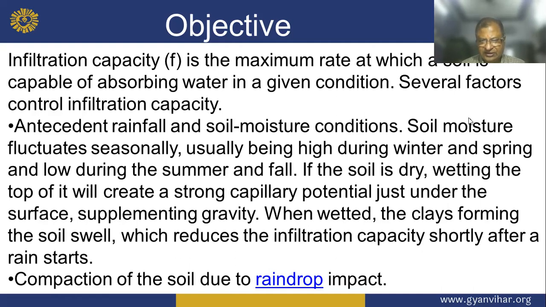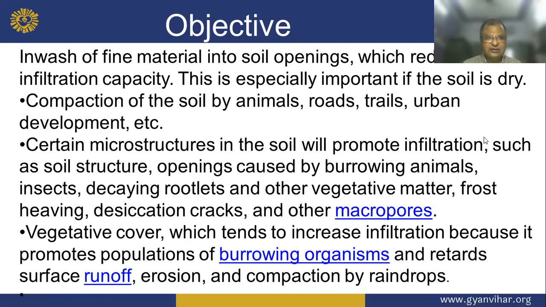Compaction of the soil due to raindrop impact and wash of fine material into soil openings reduces infiltration capacity, and this is especially important if the soil is dry. Also compaction of the soil by animals, root trials, urban development, etc.